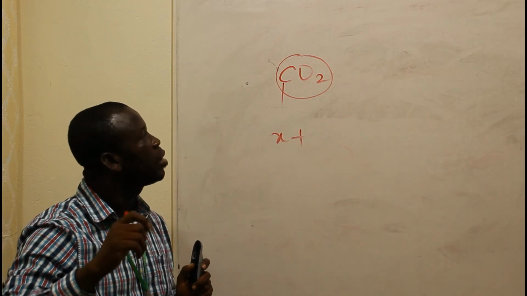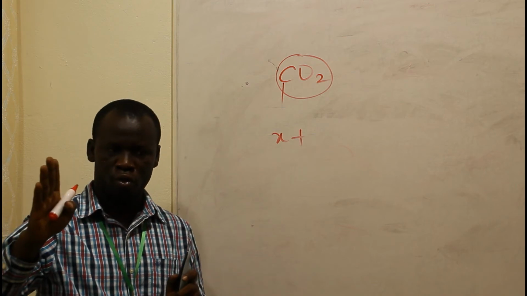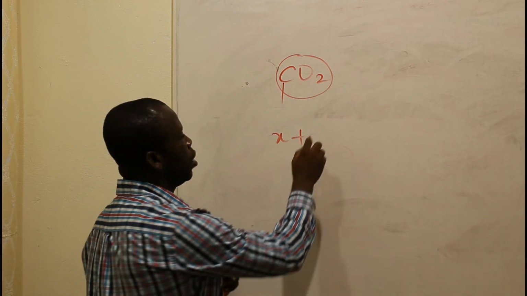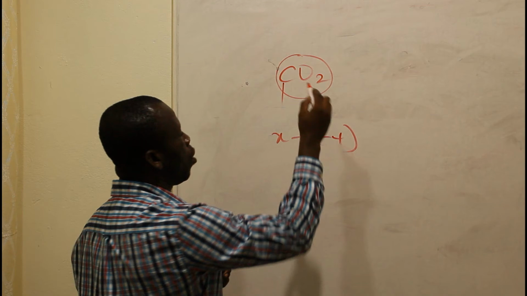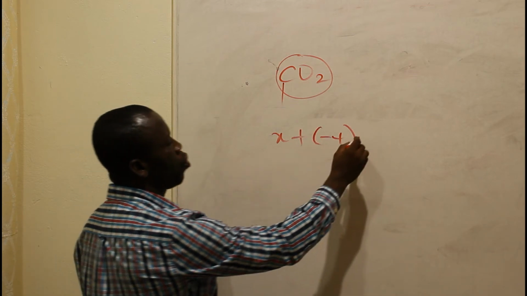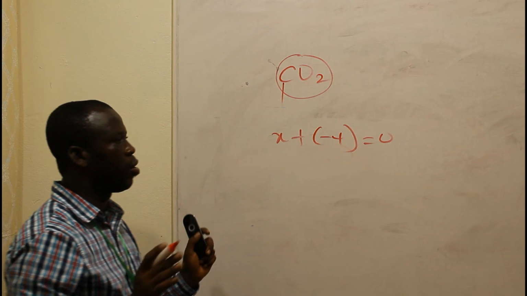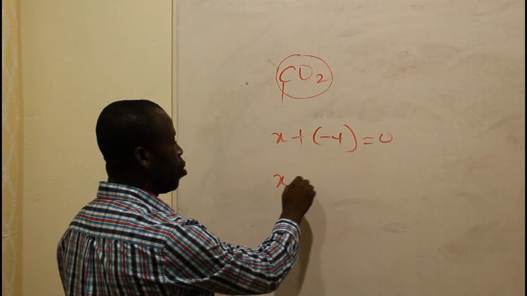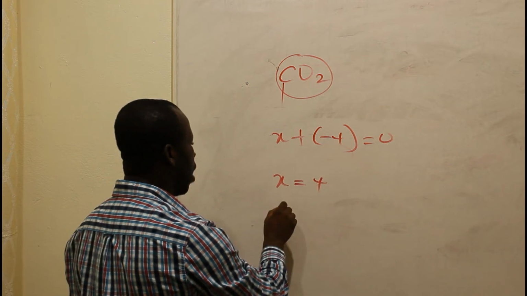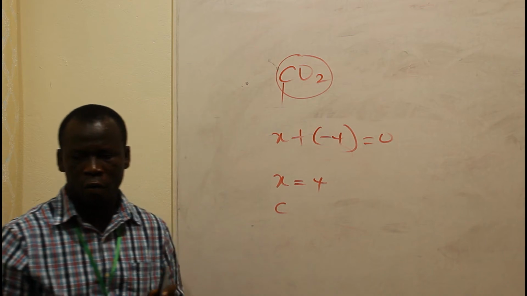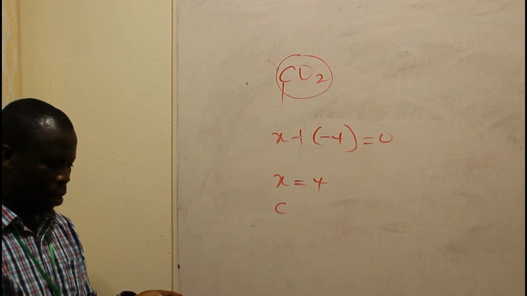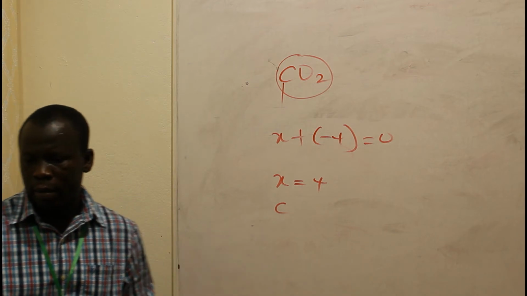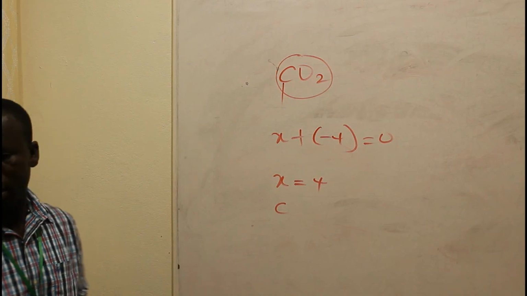We have said that oxygen in a compound is always -2, and there are 2 of them. So if each oxygen atom is -2, then we have -4 in all. Now the total should be equal to 0. That's the meaning of the rule. It implies that X will be equal to +4, and therefore carbon has a state of +4. That is the implication. Then the next rule.